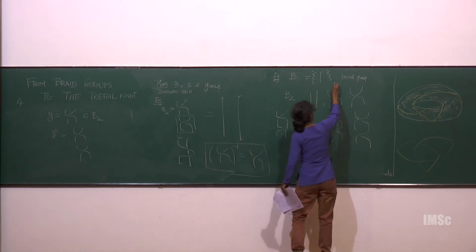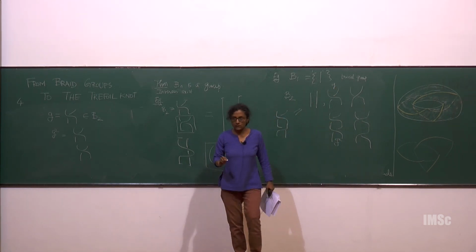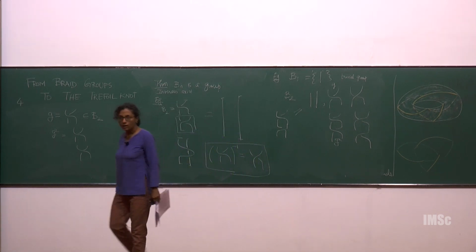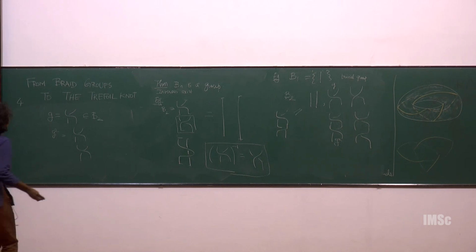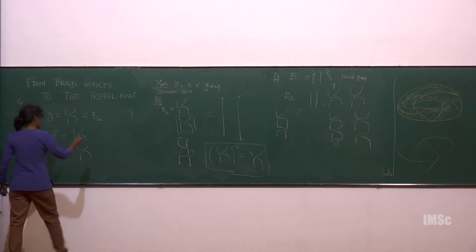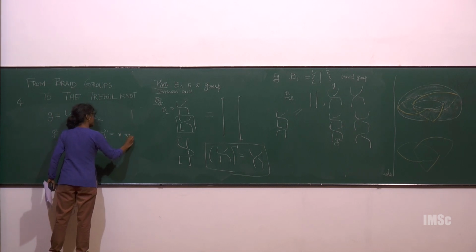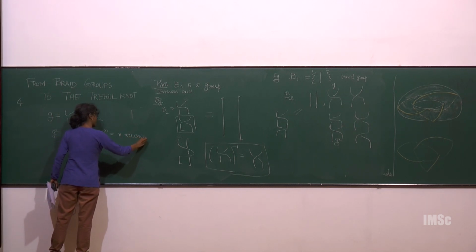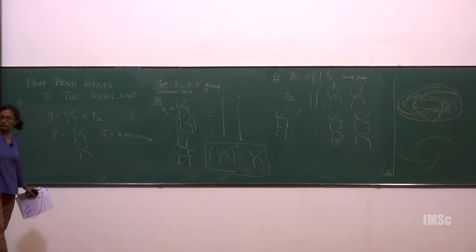So this is G, this is G squared. So 2 overcrossings is G squared. What is G cubed? 3 overcrossings, yes. So G to the n is going to have n overcrossings. So you have produced everything with overcrossings.